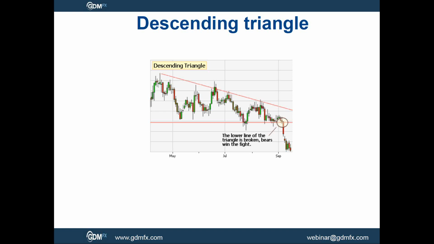The descending triangle is constructed with, one more time, a flat line, which is right now the support line, and a downward sloping resistance line. Okay, similar to the ascending triangle, this pattern is generally considered a continuation pattern, as it is preceded by a downward trend line, but yet again it can be seen in an uptrend.